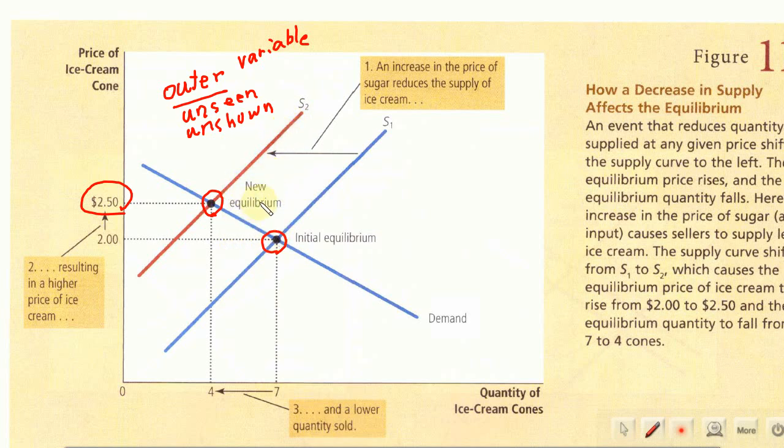In this case, even the price increases here from $2 to 50 more, but look at this. Because of a sudden increase of a material, okay, the supply line shifts here, right here.